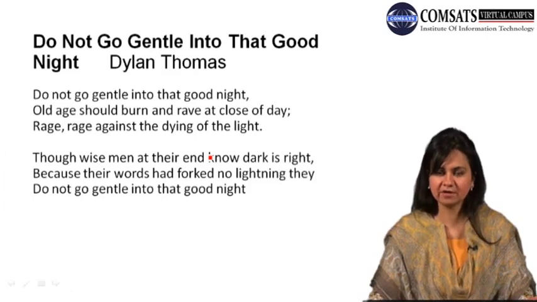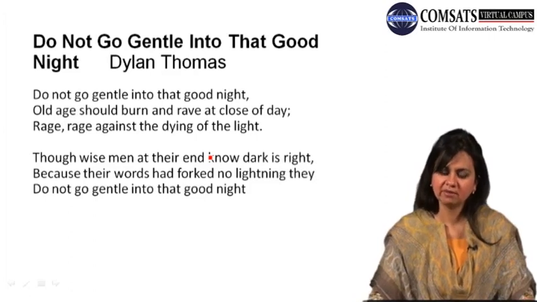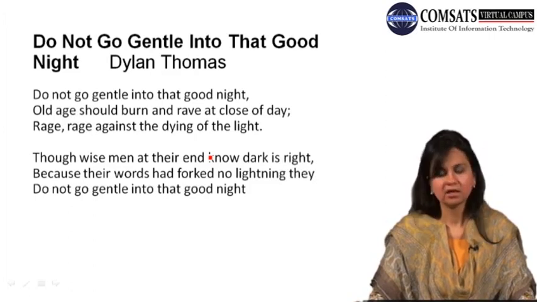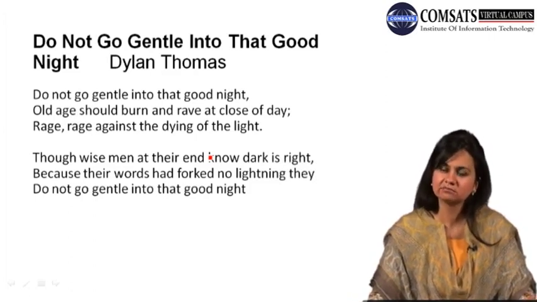How can dark be right? We know dark to be wrong, as dark is evil, dark is corruption, dark is mostly connected with something bad, ominous or evil. But here the speaker says dark is right. Now this paradox becomes clear or believable when we see that dark is death, that death is inevitable, and death is the only thing that can happen when a person reaches old age.